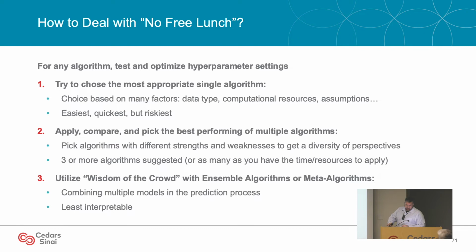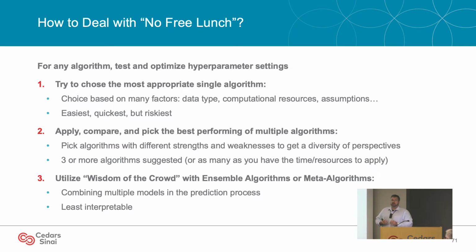Number 3, you can utilize wisdom of the crowd with ensemble algorithms, or meta-algorithms, which I mentioned earlier. Basically here, you're combining multiple trained models and looking at their combined votes or their combined predictions and integrating them.